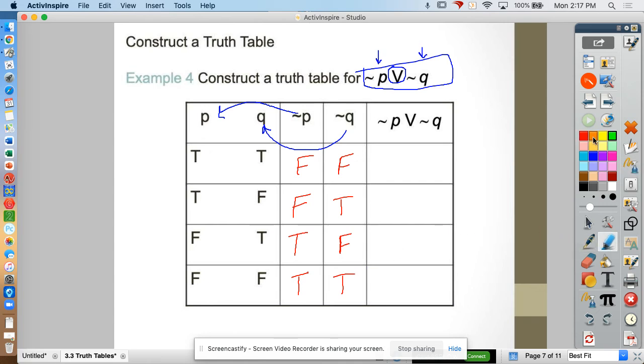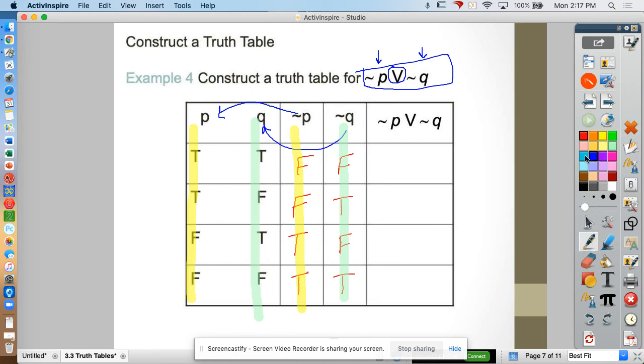And so when you look at this, here is P, and here are the opposites of those. And here is Q, and here is the opposite of those. So that's where all of that came from, okay?